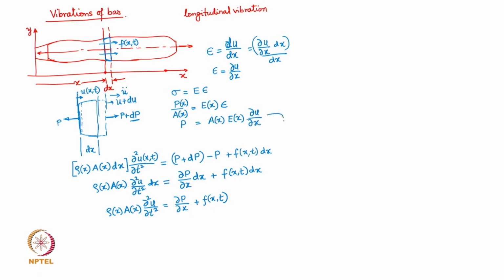Now I would use this expression into this expression, and dropping x from the rho term, I have rho A(x) ∂²u/∂t² equal to ∂/∂x of P. P is A(x) E ∂u/∂x. I can still retain A as a function of x because the bar is assumed arbitrary; its cross sectional property can change along the length. But I can drop E as a function of x and keep it constant, and of course plus f(x,t).